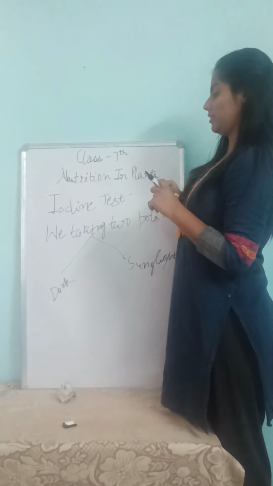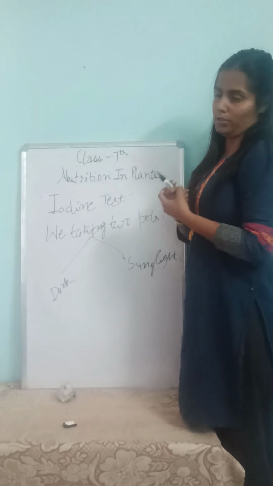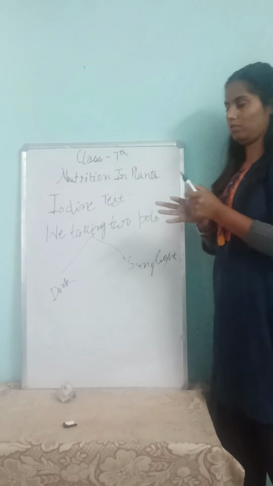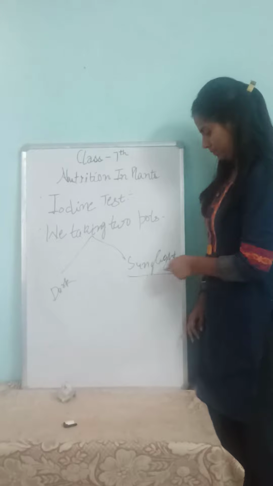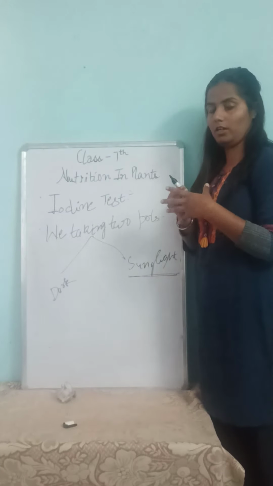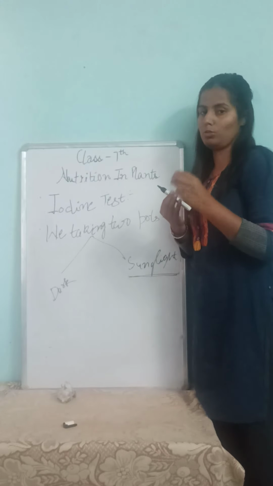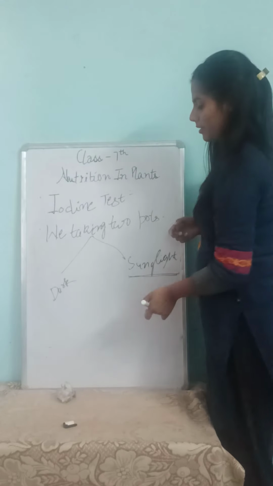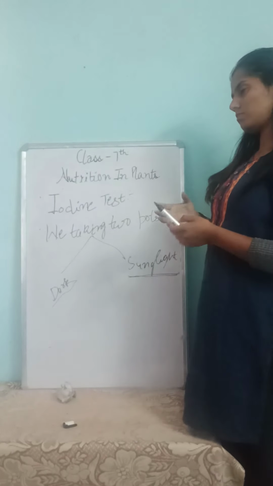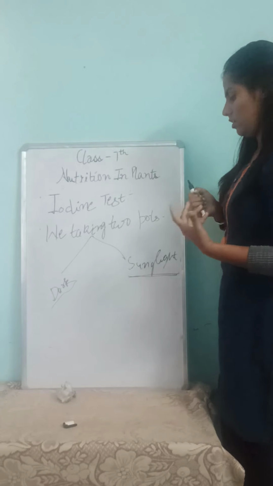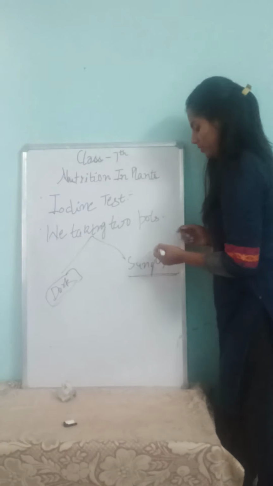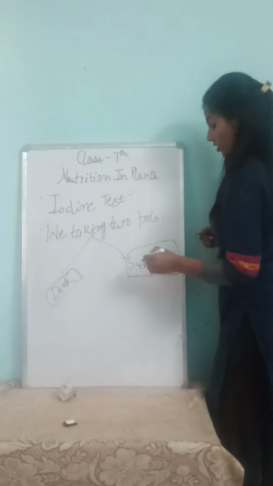What result do we get, students? The leaf which is in sunlight tends to change its color, like it will turn blue, black, or something like that. But those which are darker will not turn into another color, because they lack chlorophyll, as the leaves in sunlight will be rich in chlorophyll.